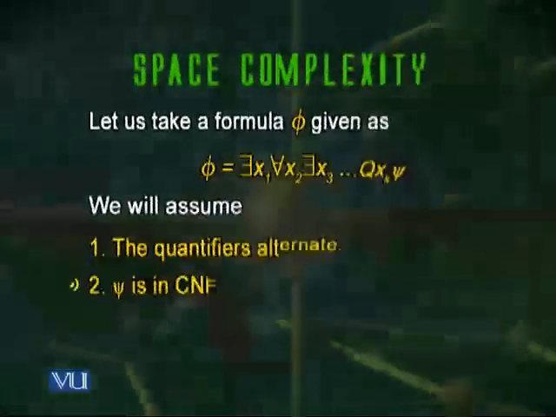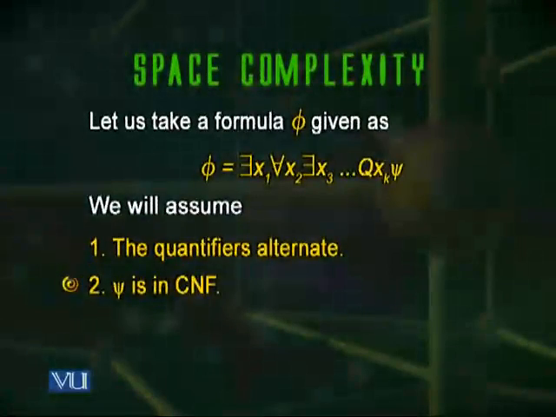The quantifiers alternate, meaning the first quantifier is the existential one, then there's a universal quantifier, then an existential quantifier, then a universal quantifier, and so on. And the second assumption that we'll make is that psi is in CNF. So, the first assumption is not a major or a complicated assumption.